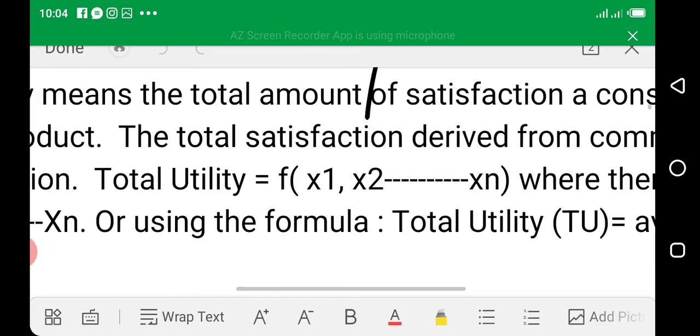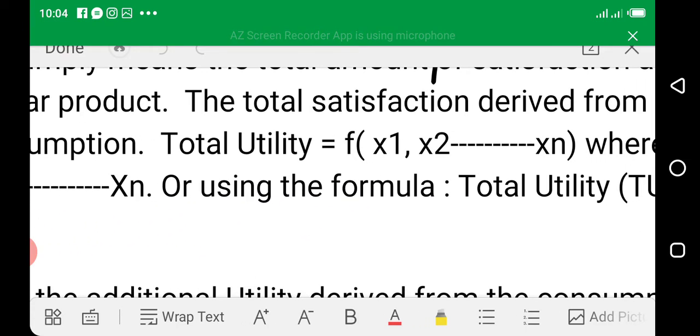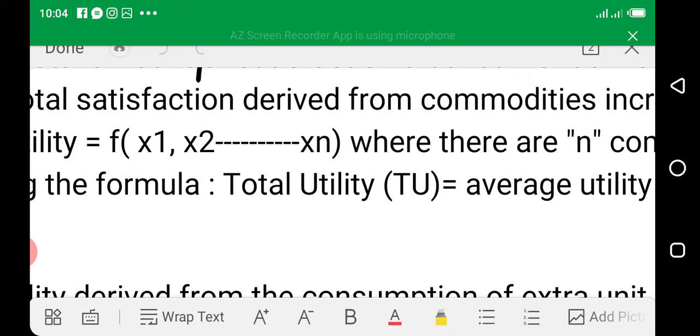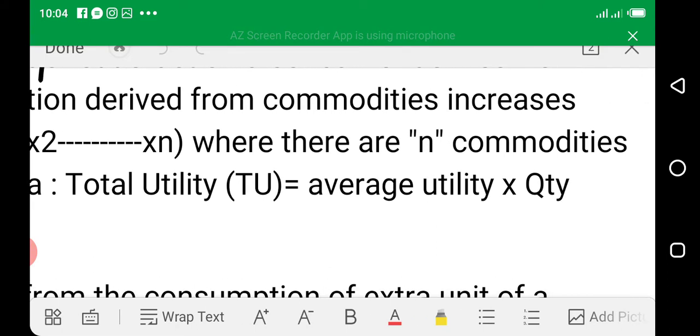So the total utility formula is TU = f(X1, X2, ..., Xn), where there are n commodities, that is, where there are numerous commodities.